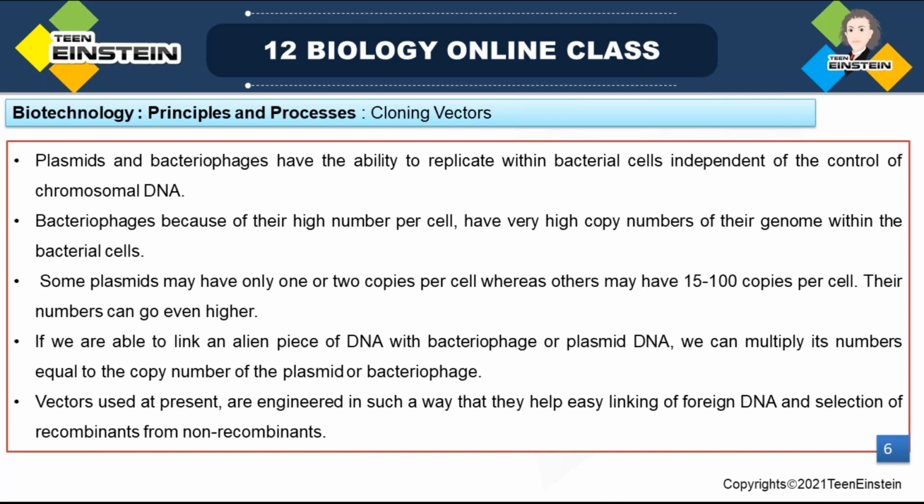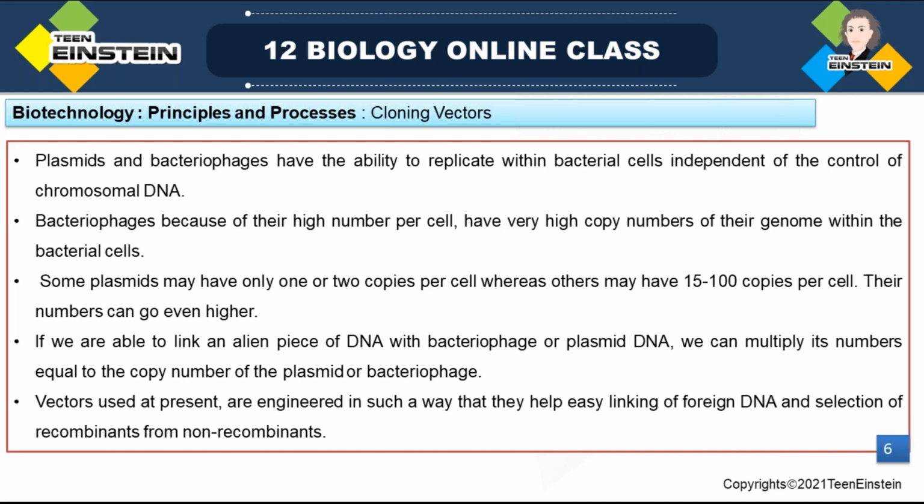So it is selected as a cloning vector, because we need more clones with the gene of interest. That copy number should be more. With that gene of interest, we can create more copies within a limited time period, right?